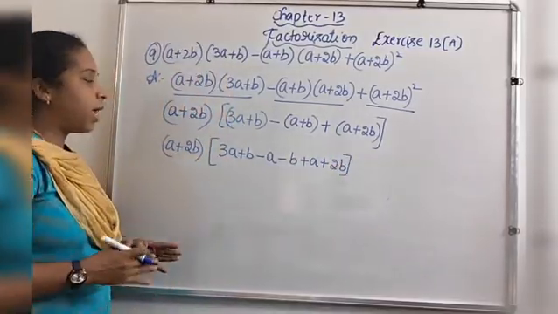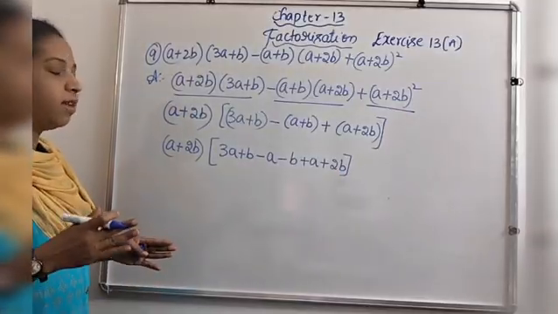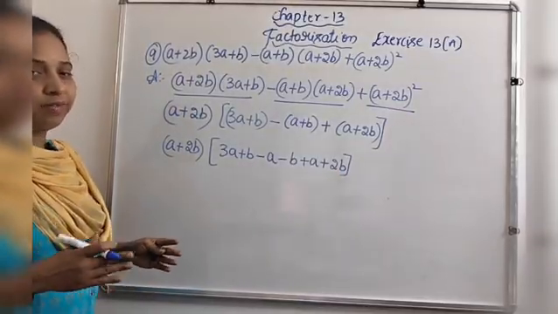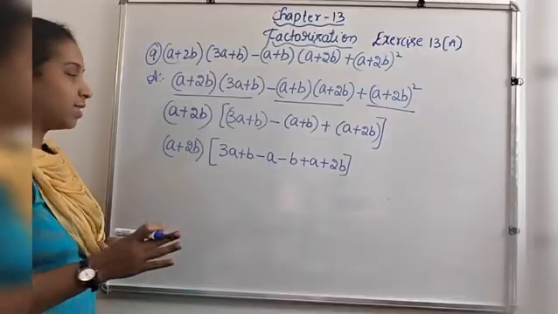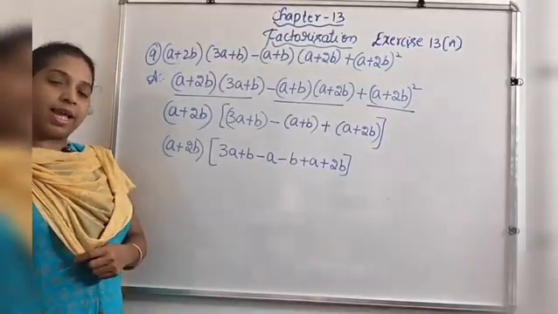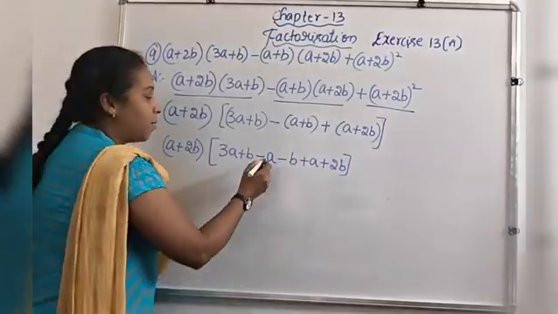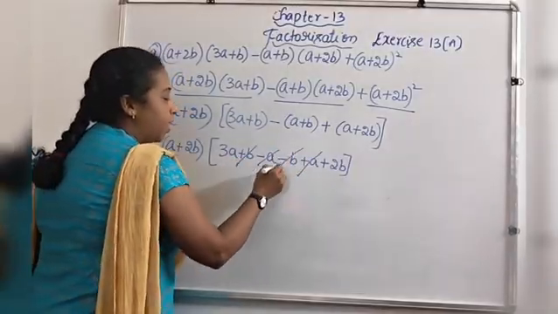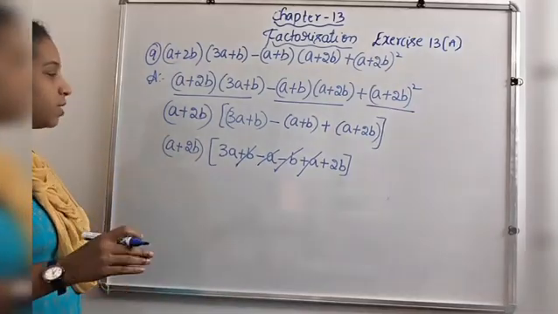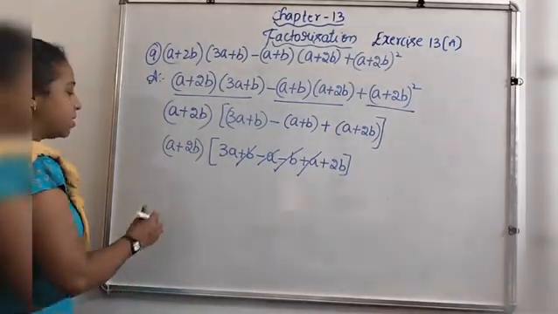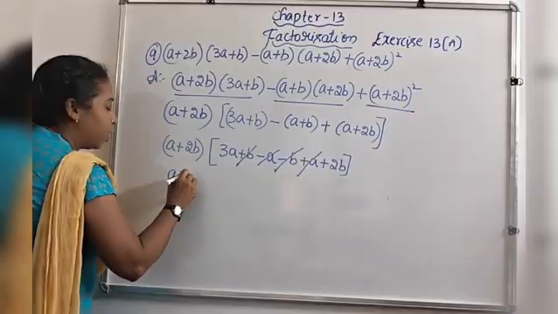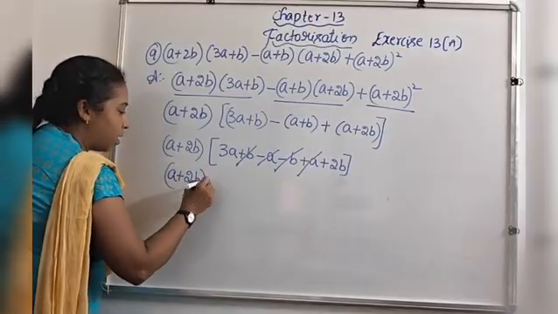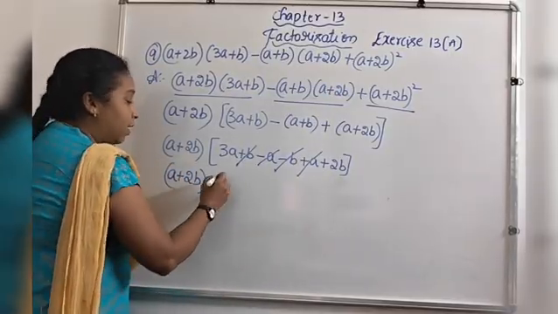Okay, so if any variable gets cancelled, obviously it will get cancelled. So plus a minus a, minus b plus b will get cancelled, and remaining will be a plus 2b as a common.